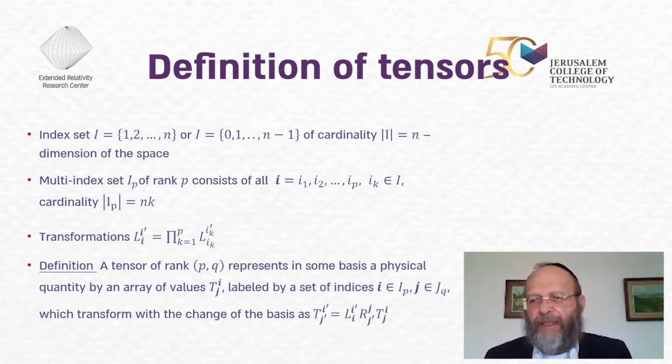When you go to a new basis, we multiply the upper indices by L and the lower indices by R. You remember that R is the L inverse.